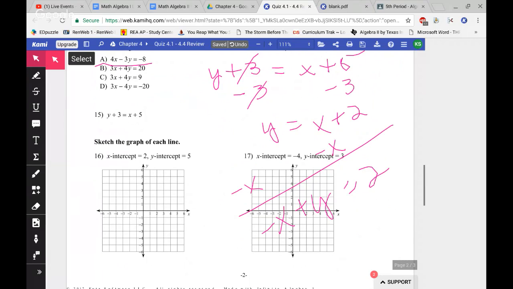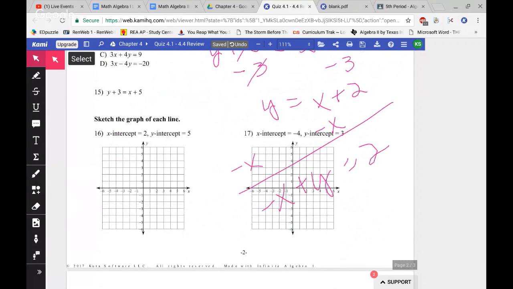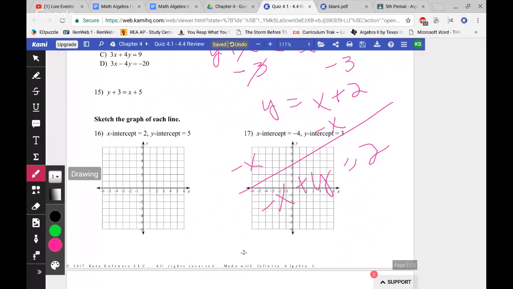Just so that you know, going back to example 1, if I wanted it to be prettier, I could multiply the whole thing through by -1 so that my leading coefficient is positive. So it would be x minus y equals -2, because -1 times -x is x.